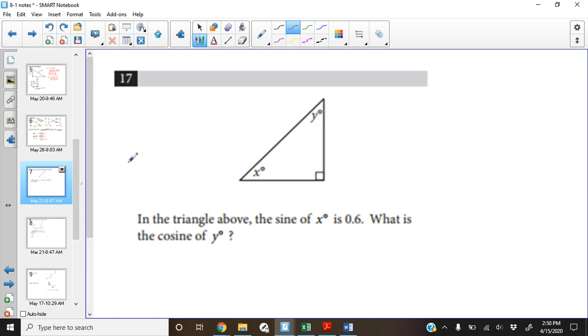All right. So then here's an SAT type problem that uses this basic knowledge. So they tell us in the triangle above, well, sine of x degrees is 0.6. Okay, so here's x degrees. And now they want us to find cosine of y degrees.